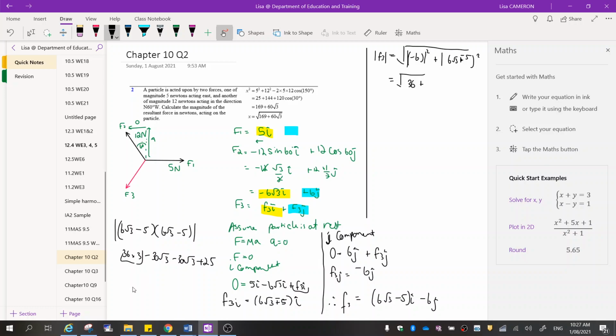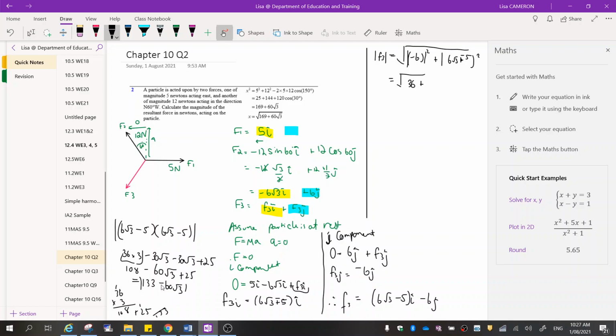When I expand it all out, 36 times 3 is 108. So 108 minus 60 root 3 plus 25 will give me 133. So this will turn into 133 minus 60 root 3.